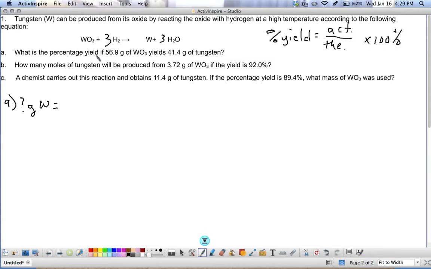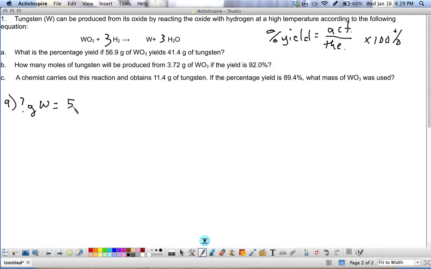Okay, so this gives you 56.9 grams of WO3, and this 41.4 grams of tungsten is the actual yield. So using this 56.9 grams of WO3, we need to calculate our theoretical yield.